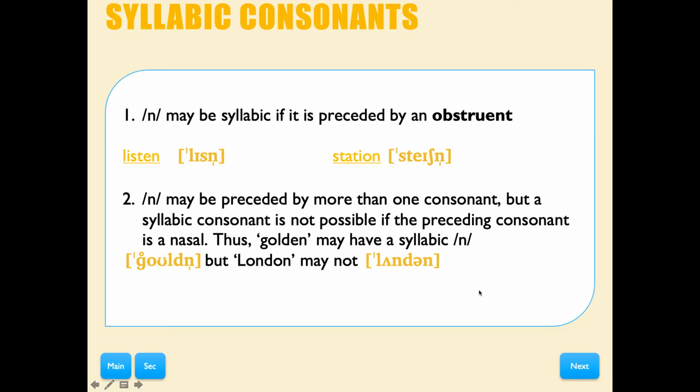And this is because in London there is a nasal here preceding the obstruent. Now the difference between obstruent and sonorant is something that you need to take into account. We're going to see what the difference is between obstruent and its counterpart, sonorant.